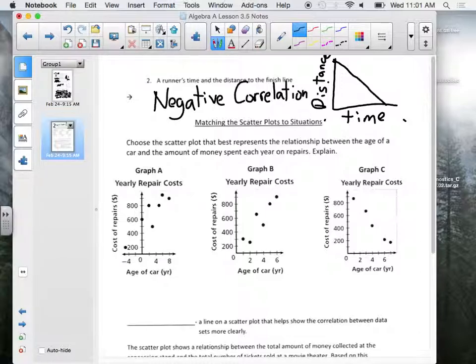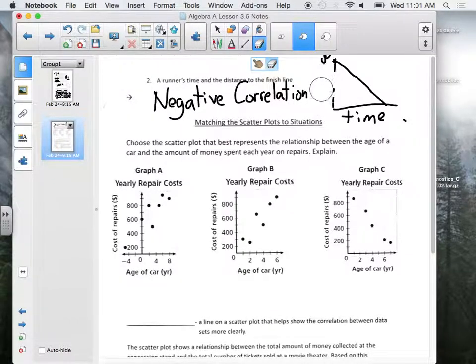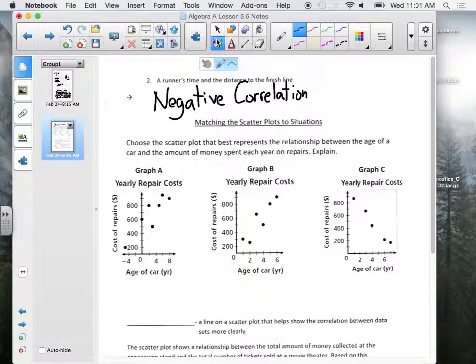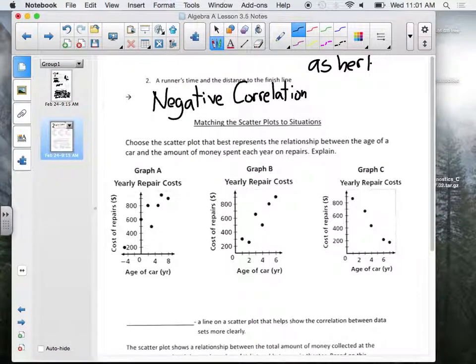But we don't get to just say negative and positive and no. You have to say correlation. You have to explain also. Okay. As her time increases, she's getting closer to the finish line.